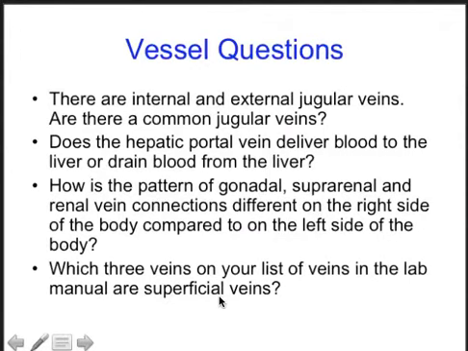And then we have a list here. Which three veins on your list of veins in the lab manual are superficial veins? And there's actually more than three. If we look here in the lab manual, you want to go to page 76.